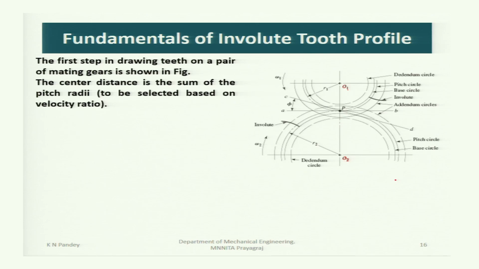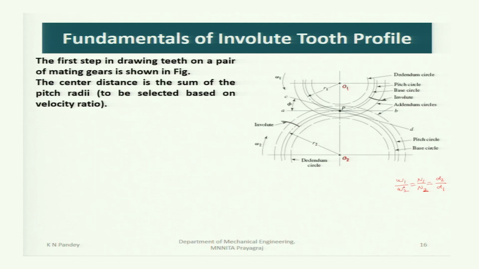So the velocity ratio is, suppose, omega 1 divided by omega 2 or n1 divided by n2, then it will be in the inverse ratio of the pitch diameters. So that will be pitch diameter 2 divided by pitch diameter 1.